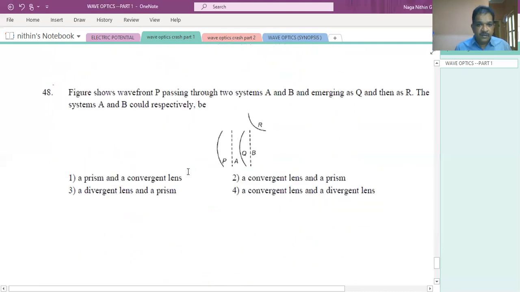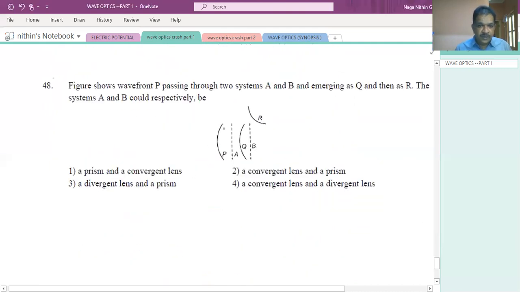Next. The figure shows, actually it will be like this, a little bit bigger.